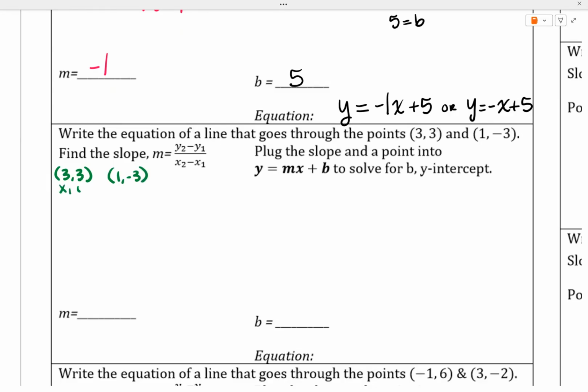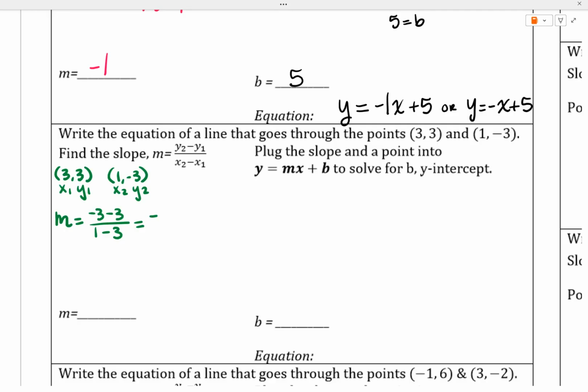So you can assign those x1, y1, x2, y2. And we're going to plug those into slope formula. -3 minus 3 over 1 minus 3. And again, I have slope formula written here, so feel free to reference that. You want to make sure you're putting everything in the right order.